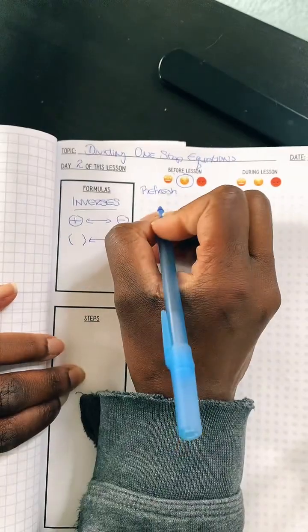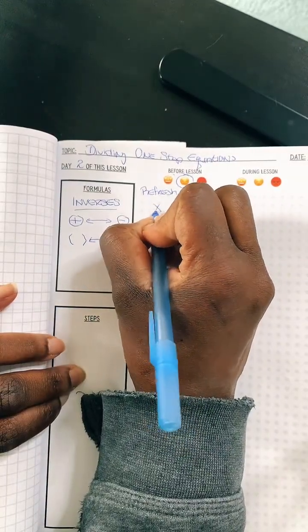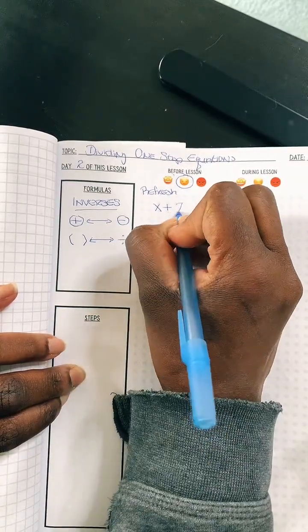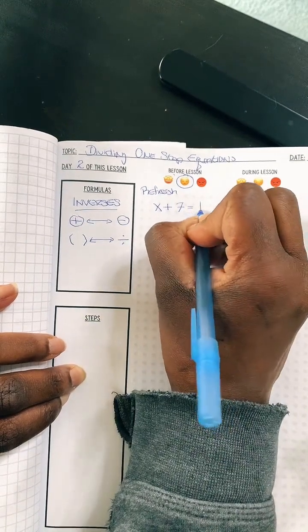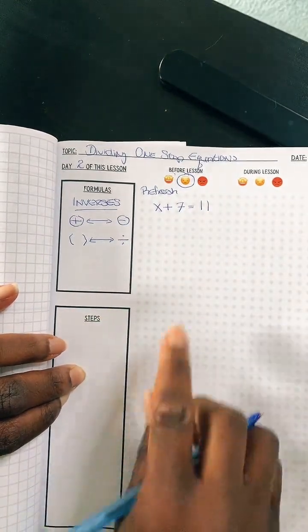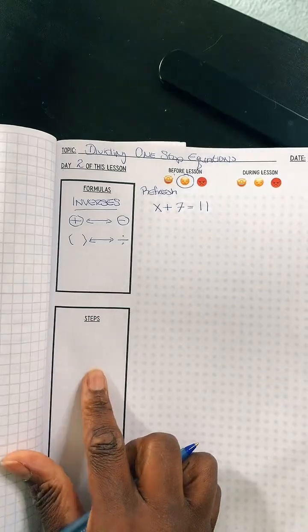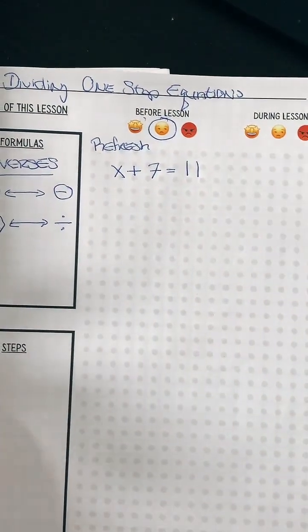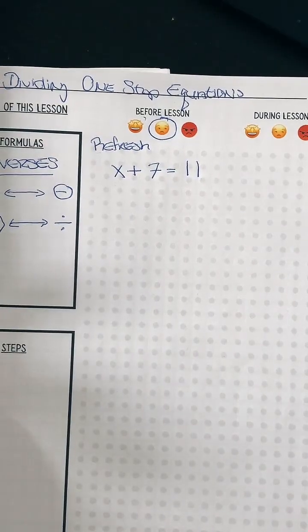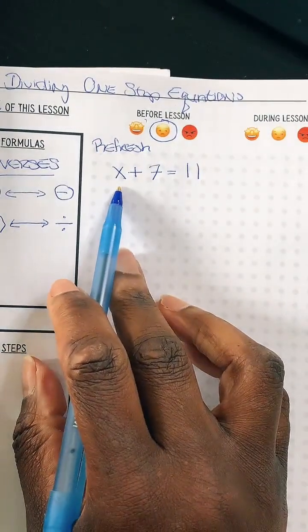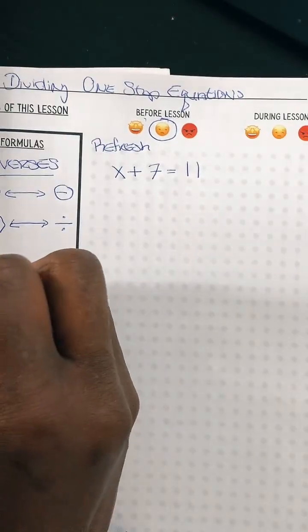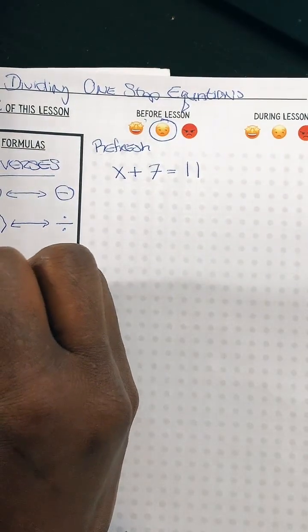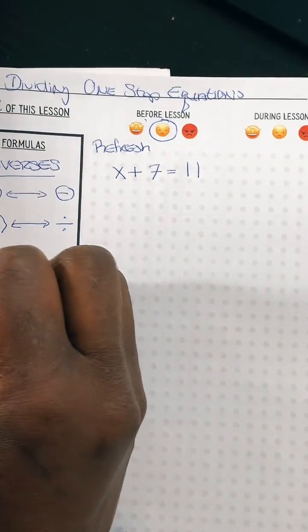So if I am looking at x plus 7 equals 11. Let me see if I can zoom in a little bit. There we go. So we don't have to put the blinders on today. All right. Our goal is to basically isolate the variable.